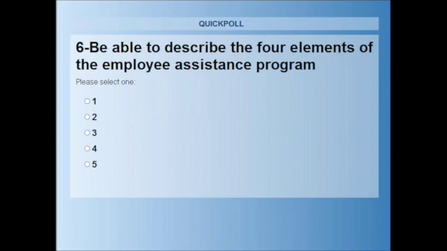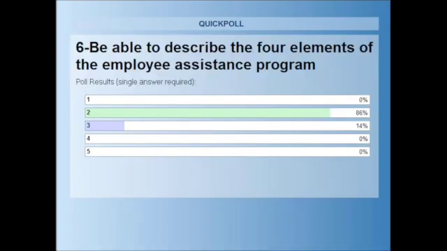People continue voting. 86% level 2, 14% level 3. Yeah, it's level 2. It's learning.